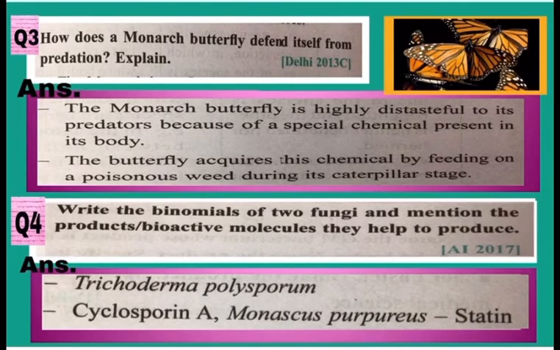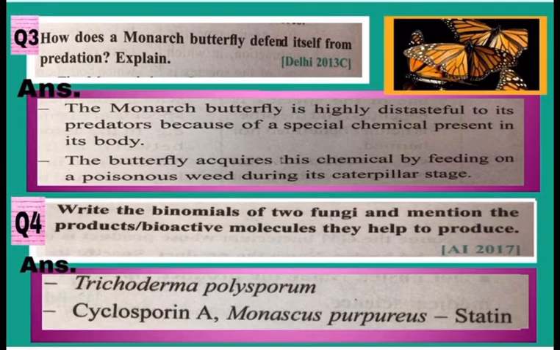Question number 4. Write the binomials of 2 fungi and mention the products or bioactive molecules they help to produce. Here you have to give the names of 2 fungi and write the bioactive molecule formed by them. The name of one fungus is Trichoderma polysporum, which produces cyclosporin A. What is cyclosporin A used for?